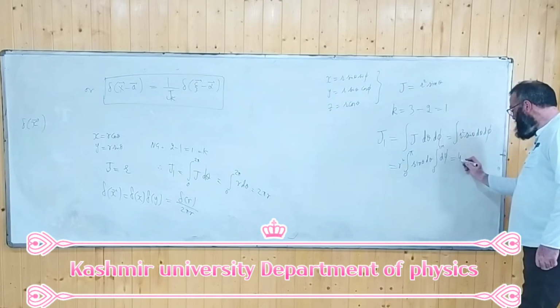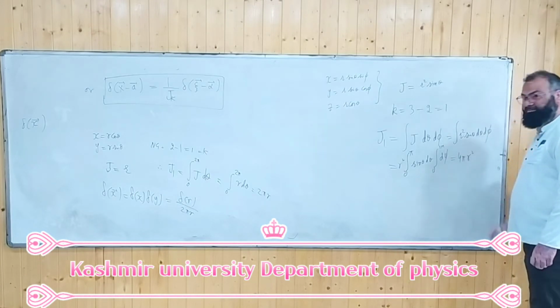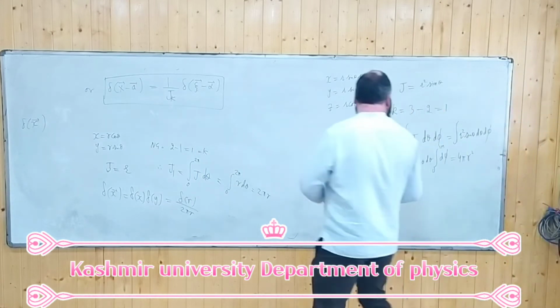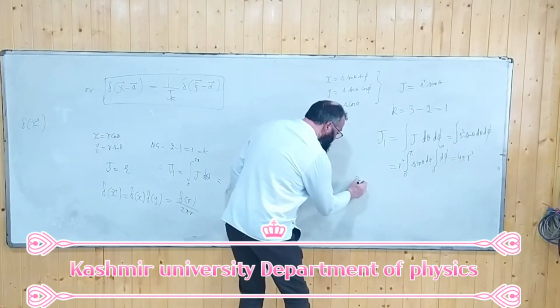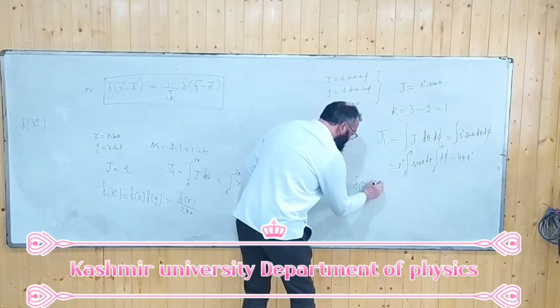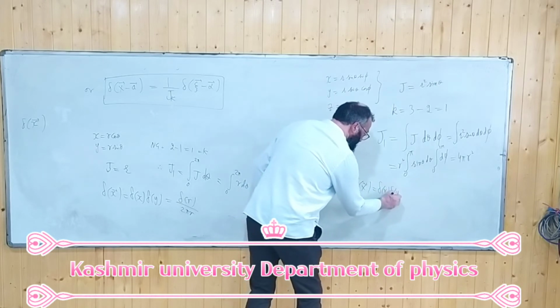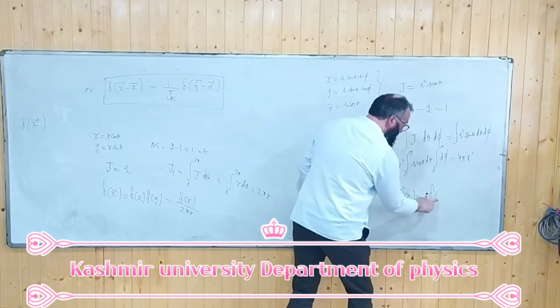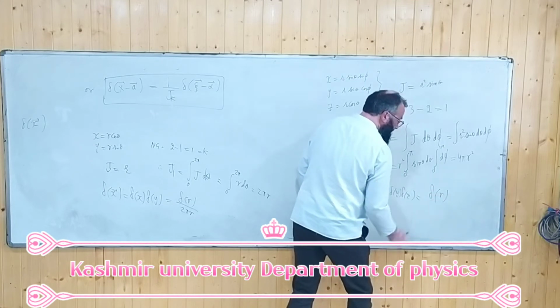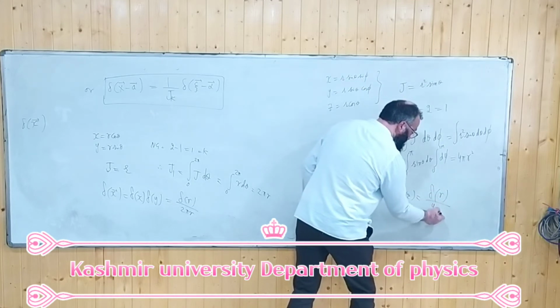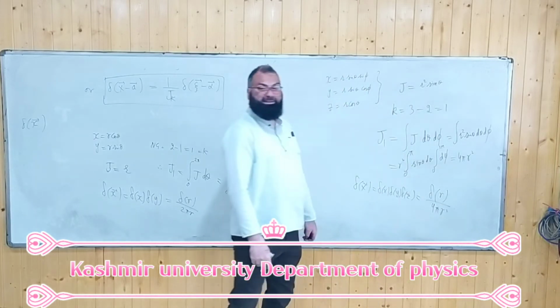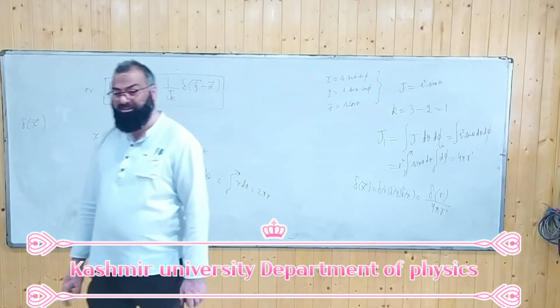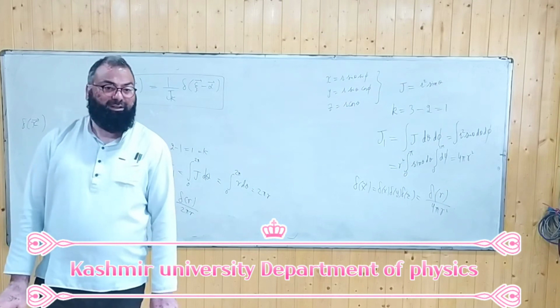How much is that? 4 pi r square. So going from the Cartesian coordinate system, delta x, delta y, and delta z equals delta of r divided by J1, that's 4 pi r square. You got it?